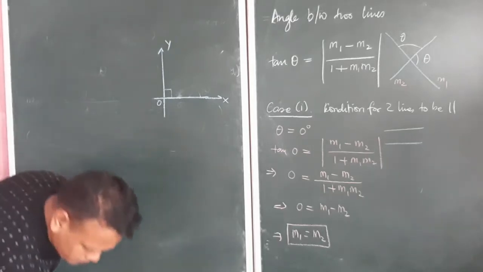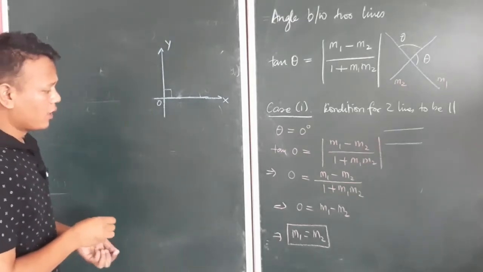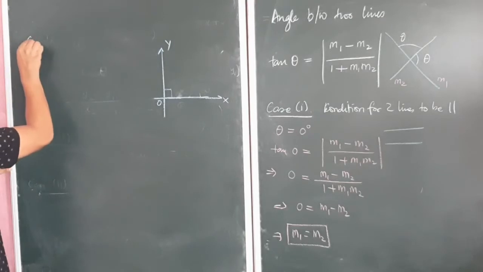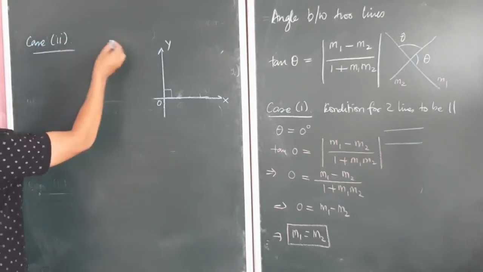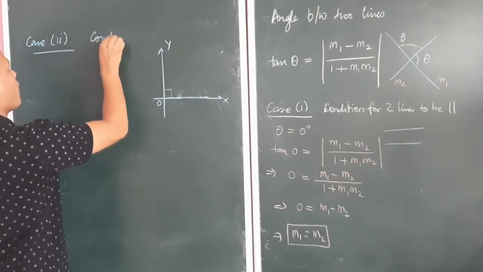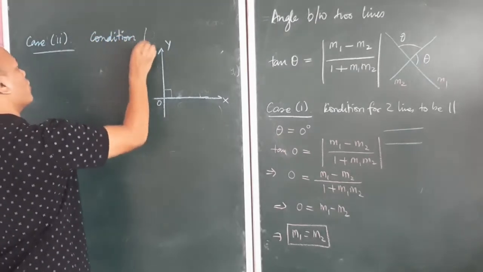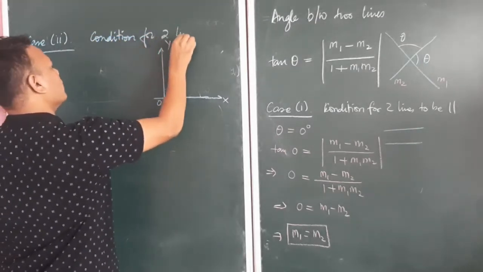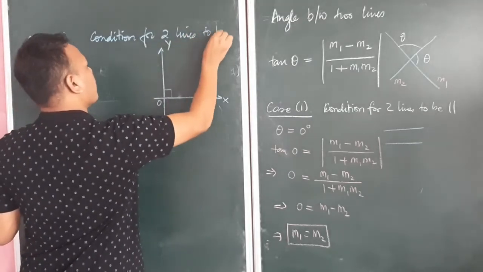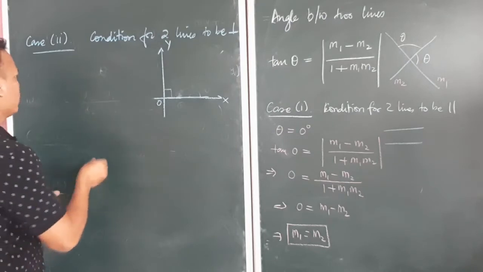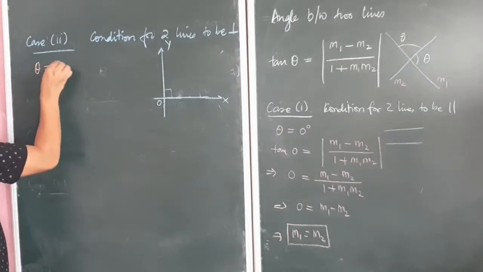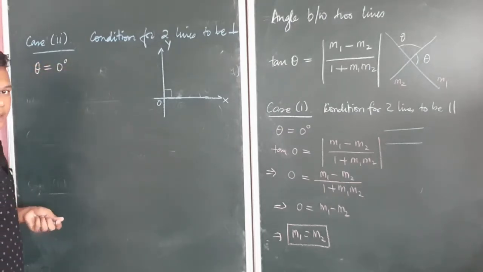So we have case 2. In case 2, I'm checking the condition for two lines to be perpendicular. Here, what is happening to theta?